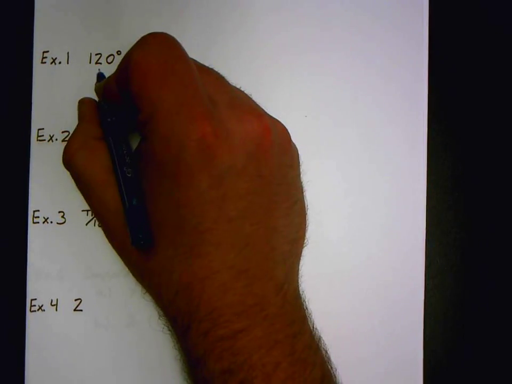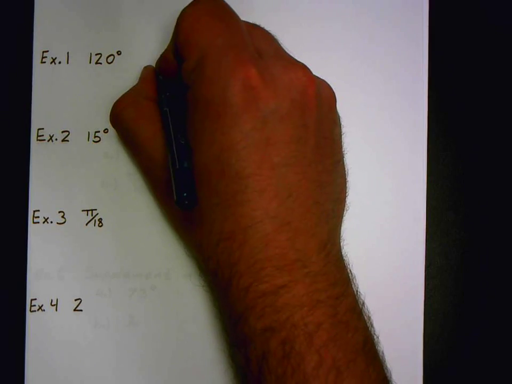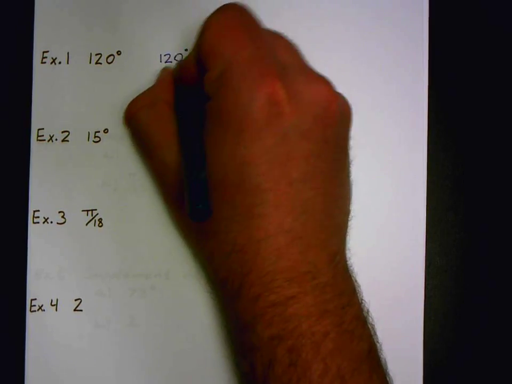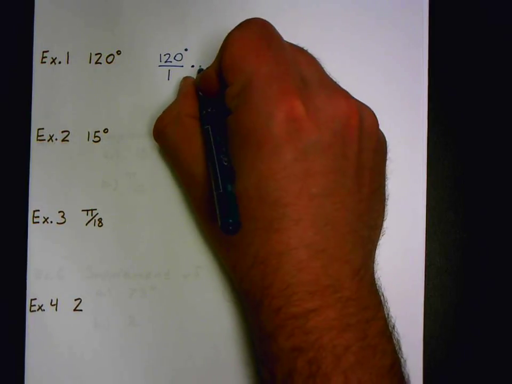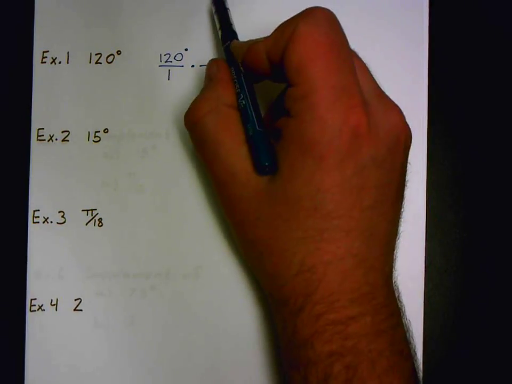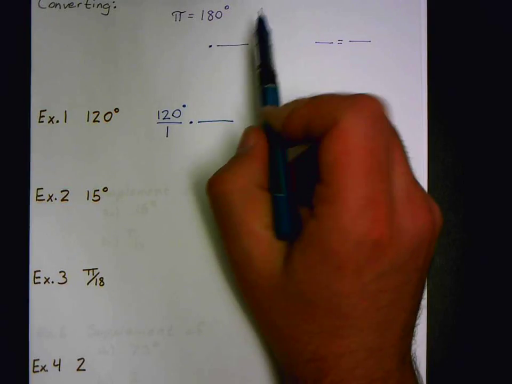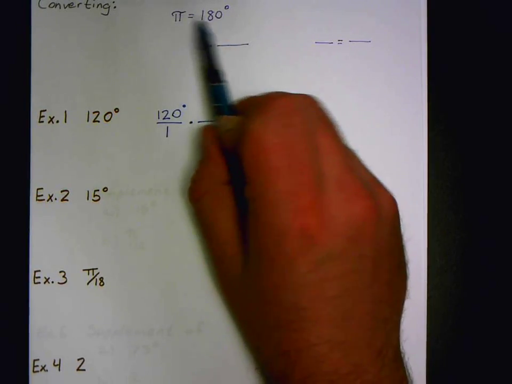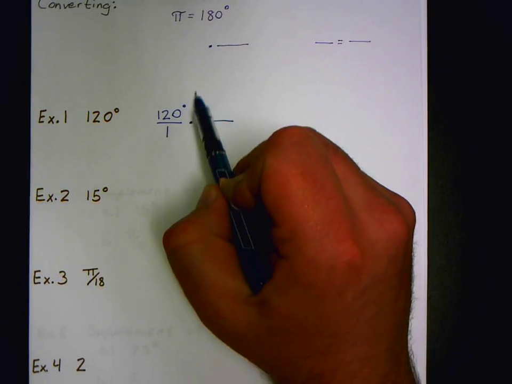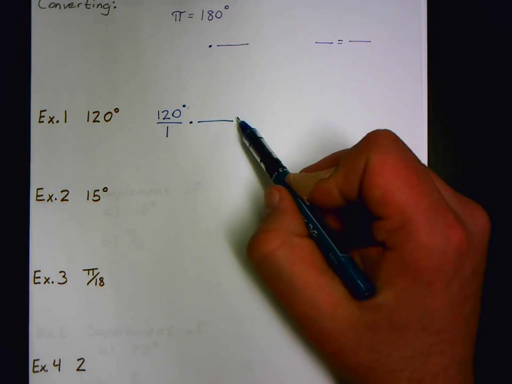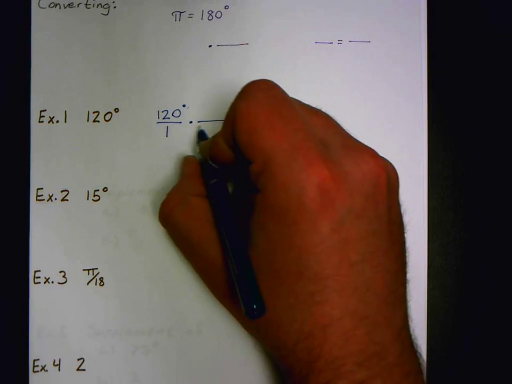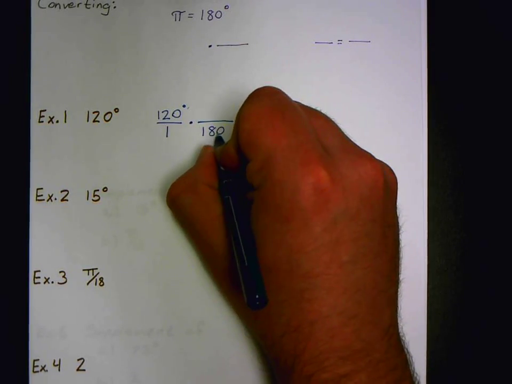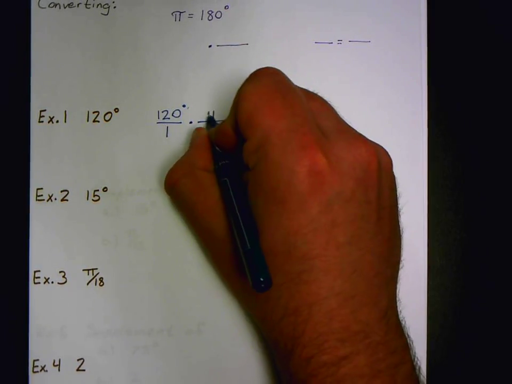All right, so if I take 120 degrees, let me start off by just doing a strict conversion. Here's my converting factors. If I want to get rid of degrees, does degrees go on the top of the fraction or bottom of the fraction? Bottom. So I put pi on top.